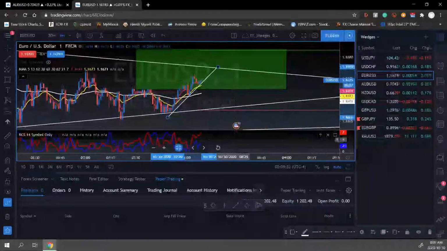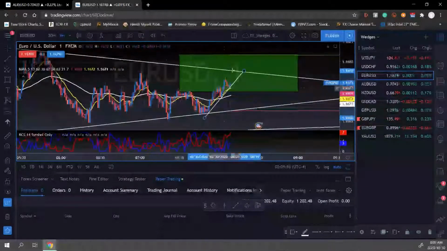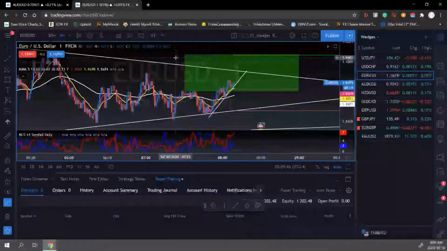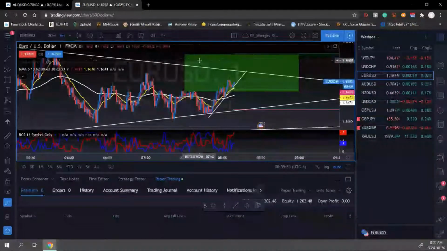Wedges are just two trend lines that intersect with each other, and there's a high probability that certain things happen on wedges. So we're just slowly waiting to see what's going to happen.